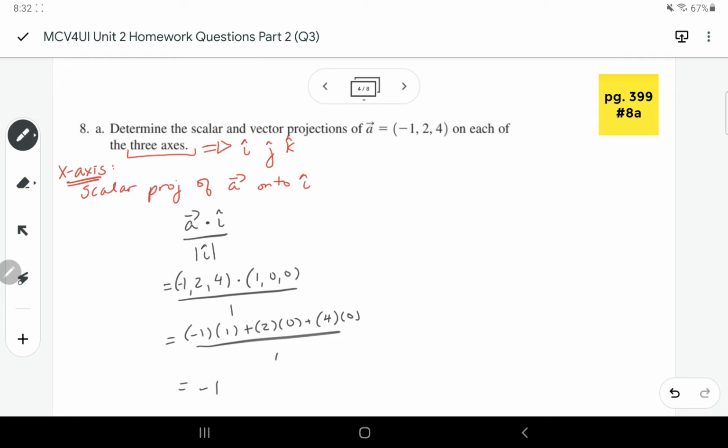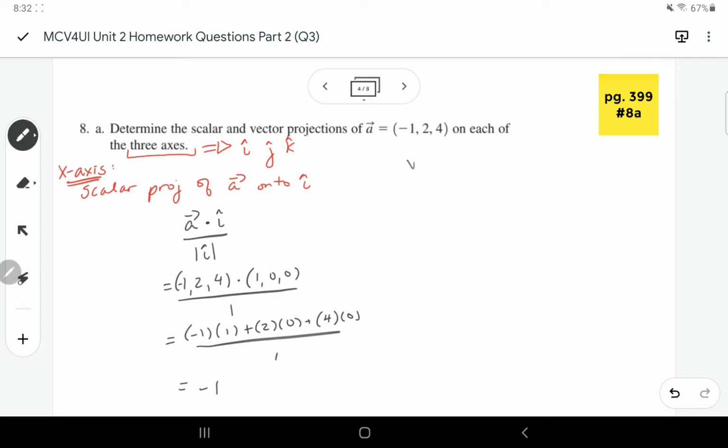They just end up canceling those out. So here the vector, or the scalar projection, pardon me, is -1. And notice that's not a coincidence that that's going to be just the x component of vector A.